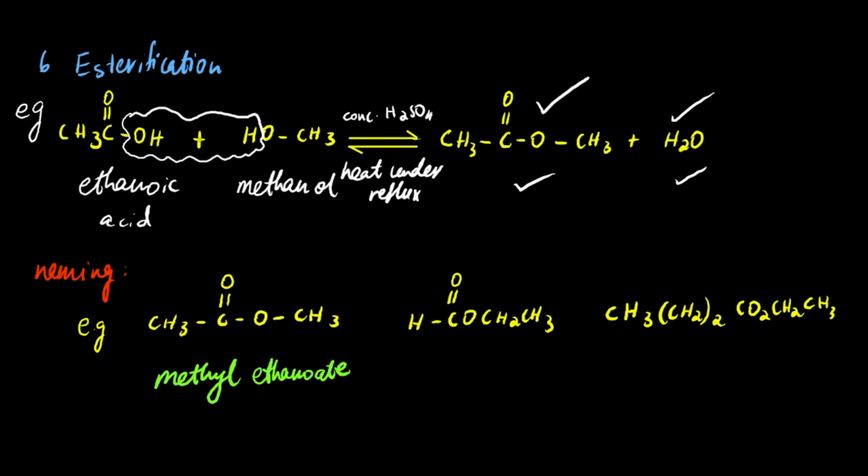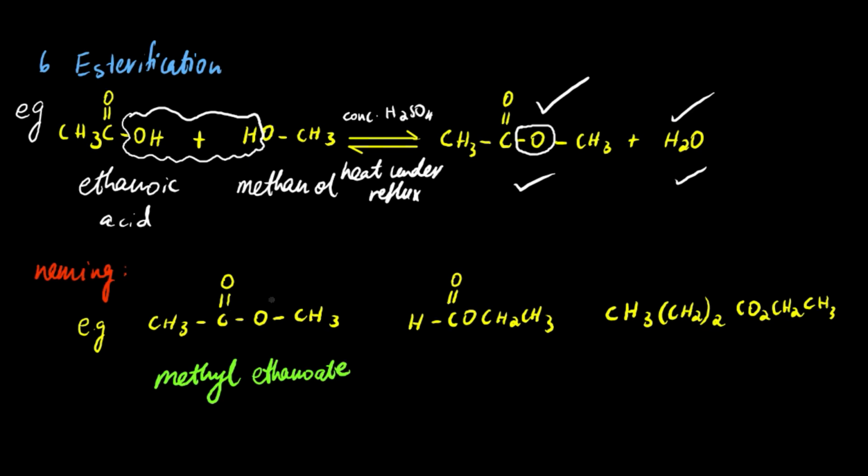You can clearly see from where we removed the OH and the H of the alcohol, we added them both together and they formed a bond like this, and this forms the ester bond, and we can clearly see the ester linkage of C double bond O, C single bond O.